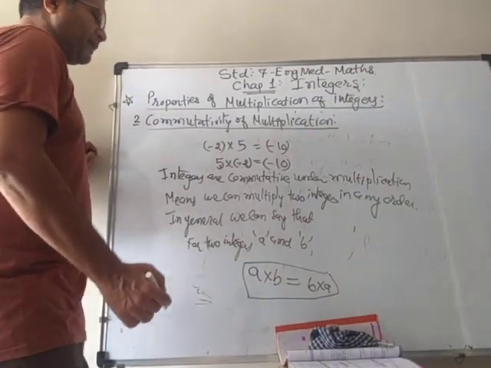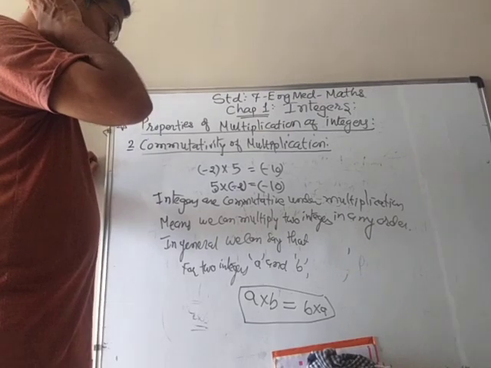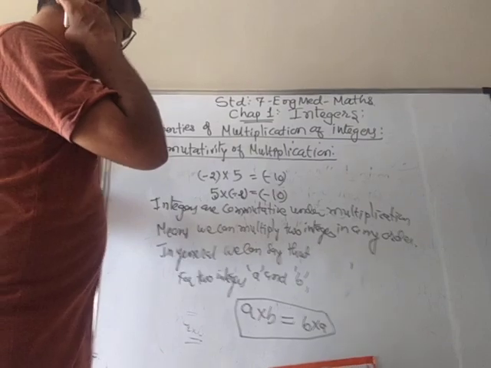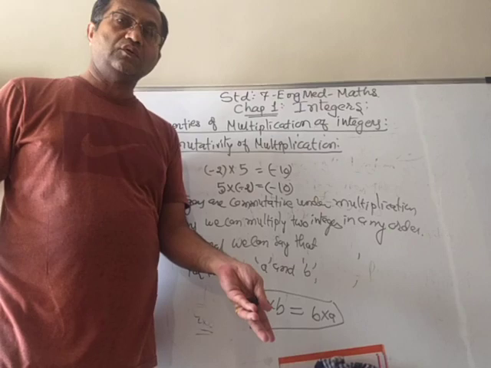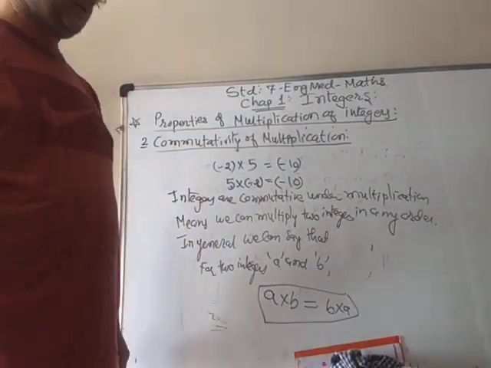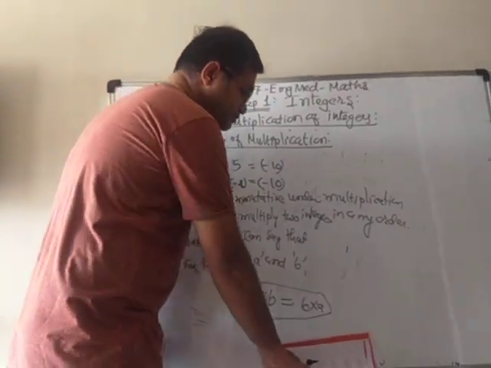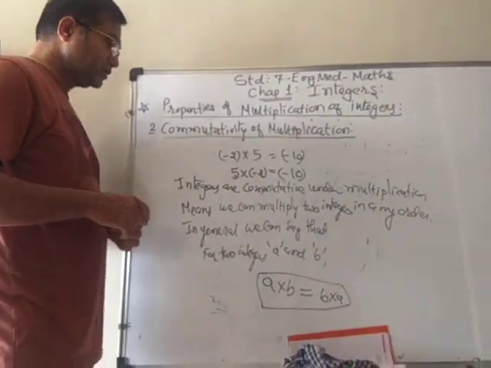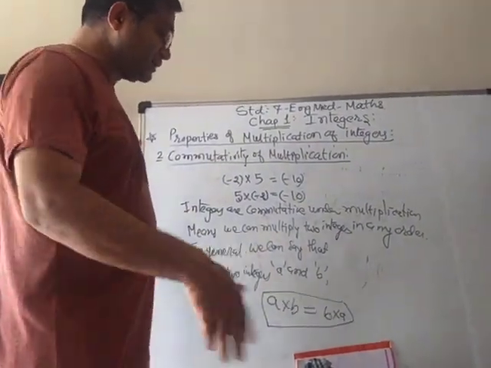Means A multiplied by B is equal to B multiplied by A. So it is true for any two integers, either both positive or both negative, one positive and one negative, or there may be one zero also. So here the commutativity is very easy. So there are two properties only here, and then the next property will be later.